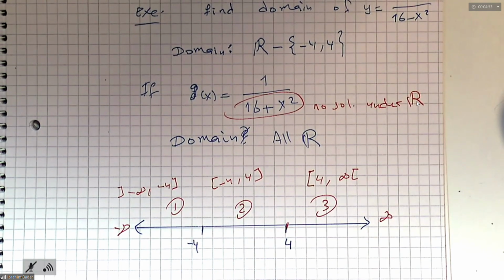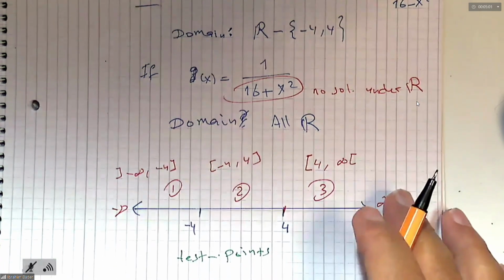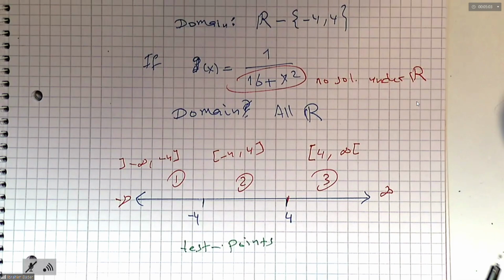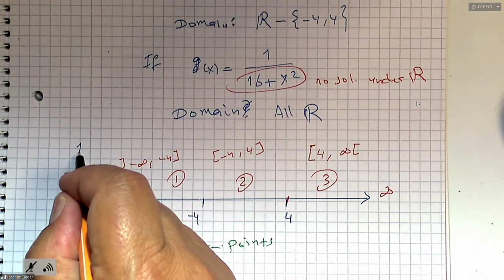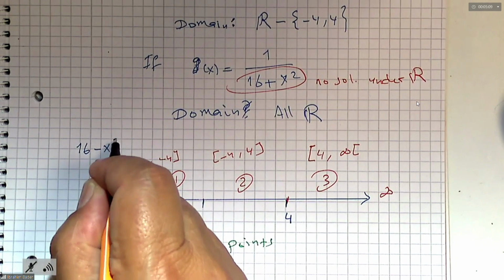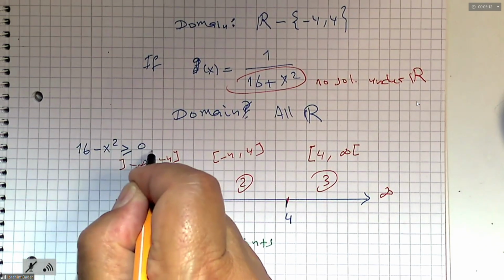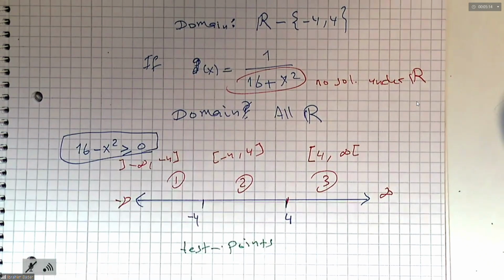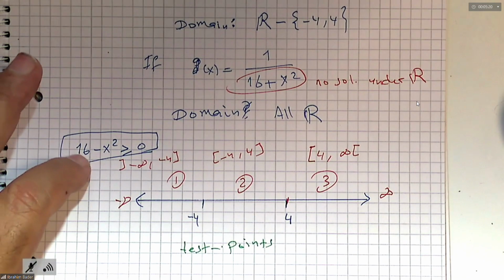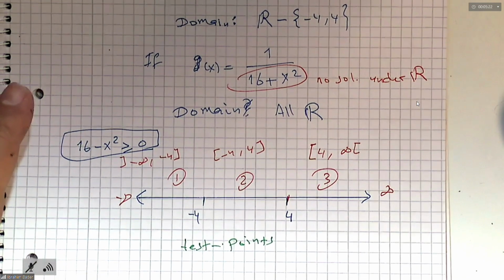Let me call them test points in green. You just take test points, and remember our ultimate analysis here is to find the values of x that make this greater or equal to 0.